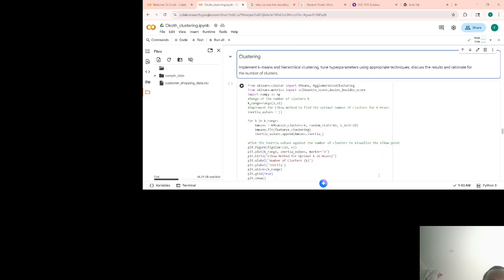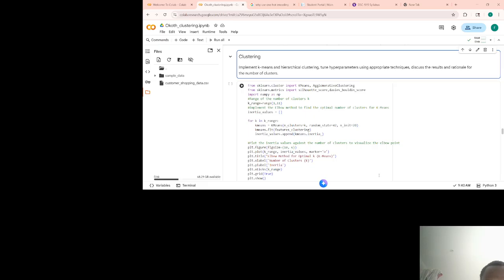After that, we did clustering whereby we fitted k-means and hierarchical clustering, that is from the scikit-learn cluster module where there is k-means and agglomerative clustering.